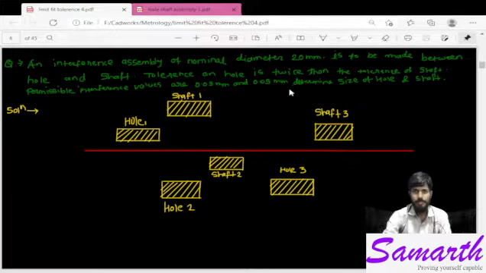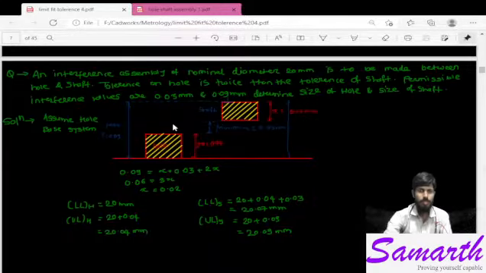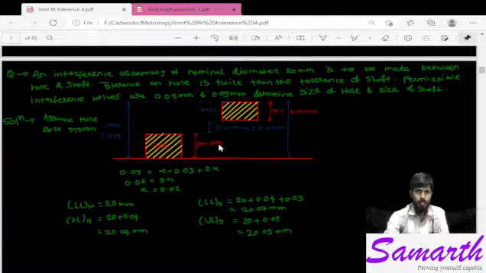Then the third condition is that the possible interference values are 0.03 mm and 0.09 mm. That means there should be interference. Here you can see in the figure there is an interference. That means this much should be the interference. Let us say this is 0.04 plus 0.03 plus 0.02. What will be the total value? Maximum interference is 0.09.